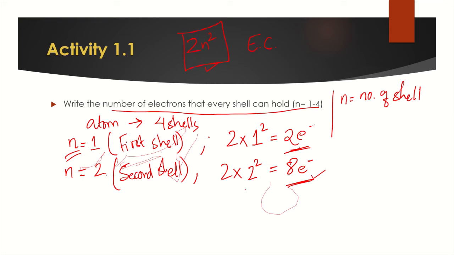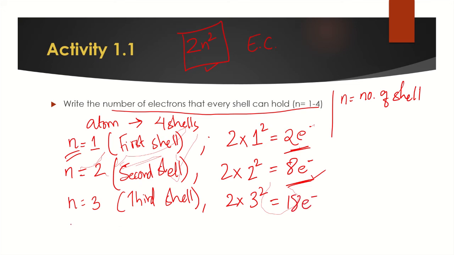Now if n is equal to 3, that means we are talking about the third shell. By following the same rule, 2 into 3 square. 3 squared is 9, and 9 times 2 is 18.